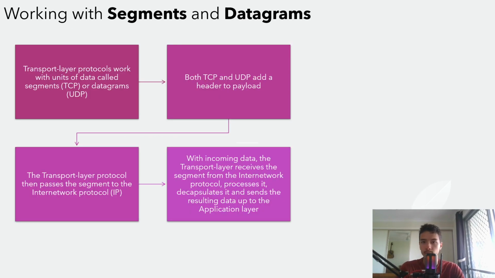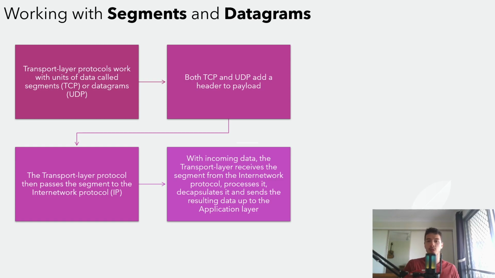Okay, so working with segments and datagrams. Transport layers work with units of data called segments for TCP or datagrams for UDP. They have different names: segments, datagrams. Both TCP and UDP add a header to the payload. The transport layer then passes the segment to the Internet Protocol, IP.